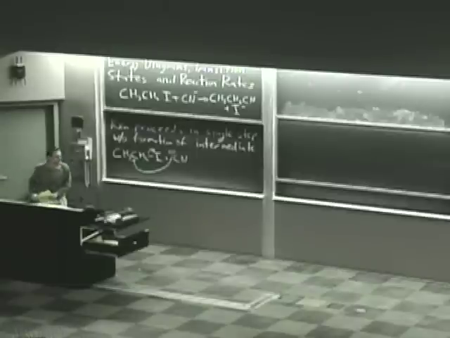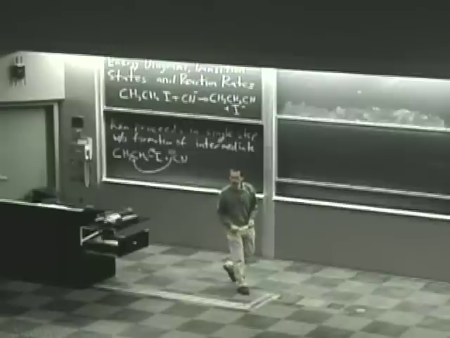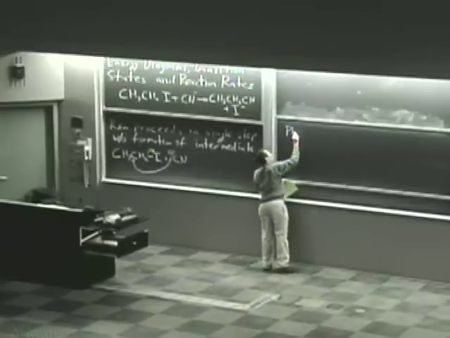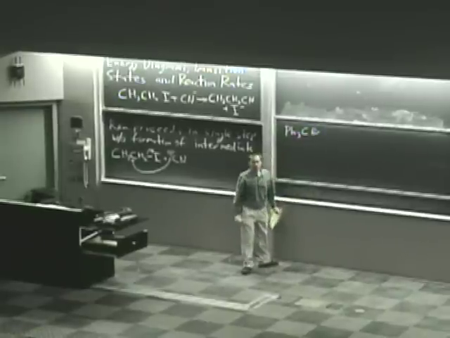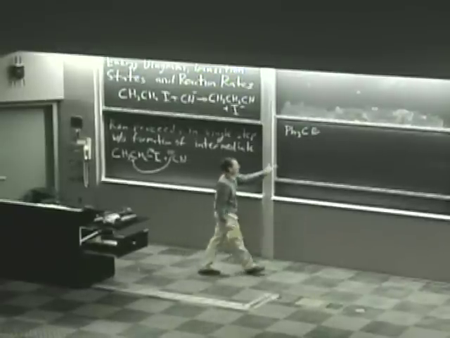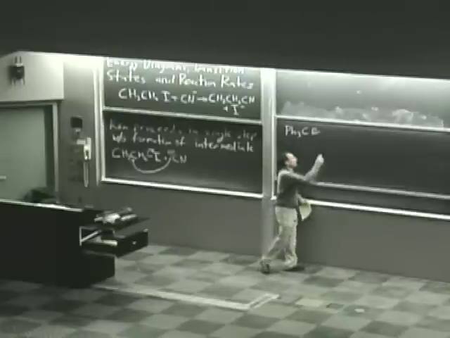Now I'm going to contrast this with the reaction of bromotriphenylmethane, Ph3CBr. I could do the iodide here. It doesn't really matter whether I have the bromide or the iodide. I've just chosen the bromide for variety.